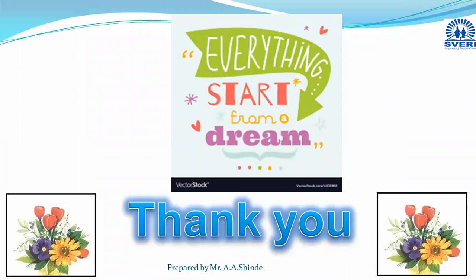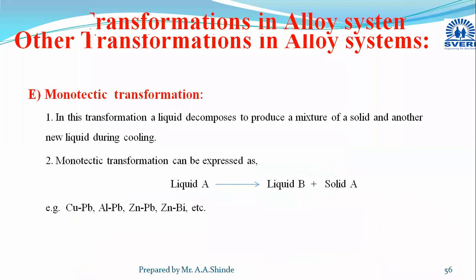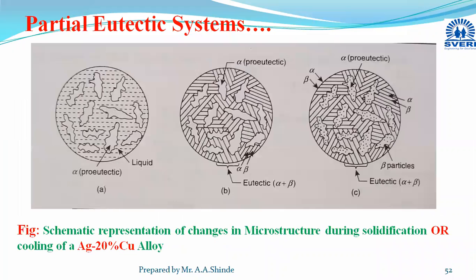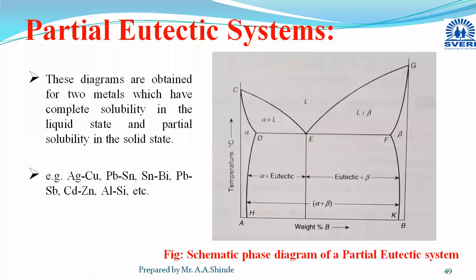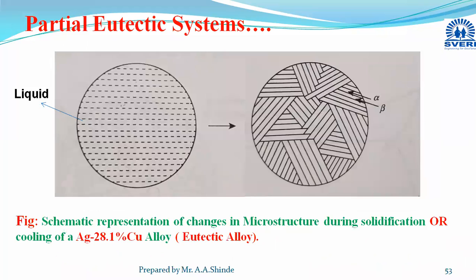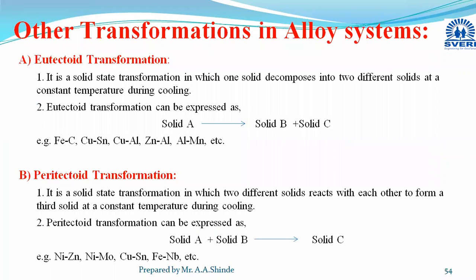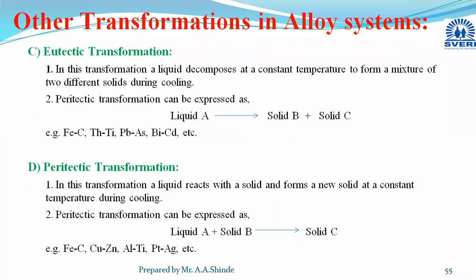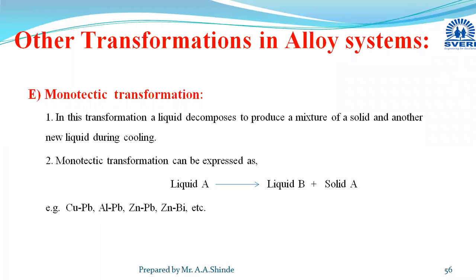In today's session, I have completed partial eutectic system, microstructural changes in that system, and a few transformations in the alloy system like eutectoid, peritectoid, eutectic, peritectic, and monotectic transformations.